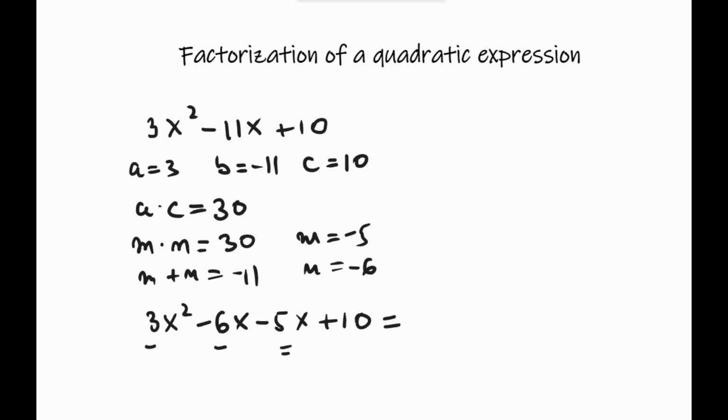In the last two terms, we can make common factor minus 5. So the first two terms have the common factor 3x, and the last two terms minus 5.